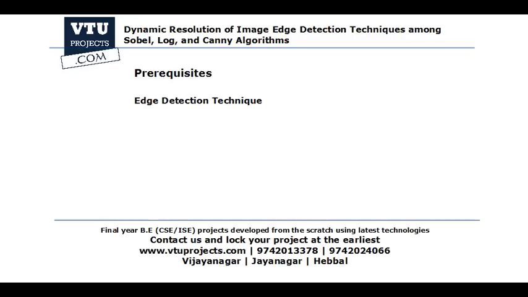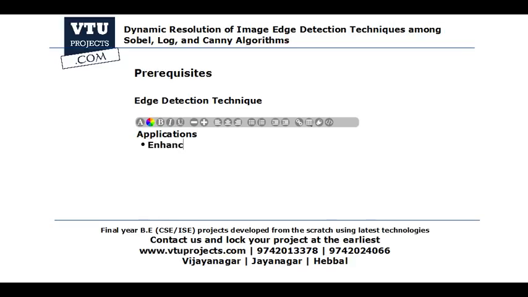Okay, now let me tell you some of the important applications of edge detection technique, to demonstrate where exactly it will be useful. So one important application of edge detection technique is in enhancement of noisy images.